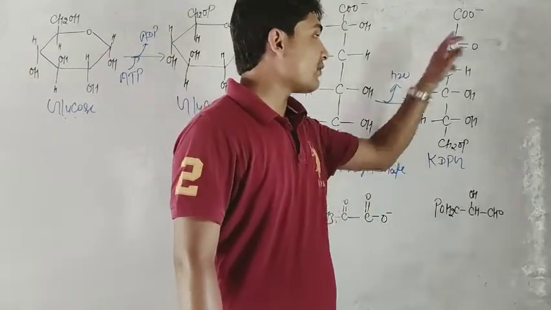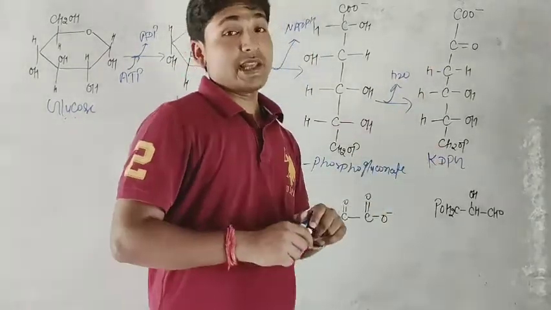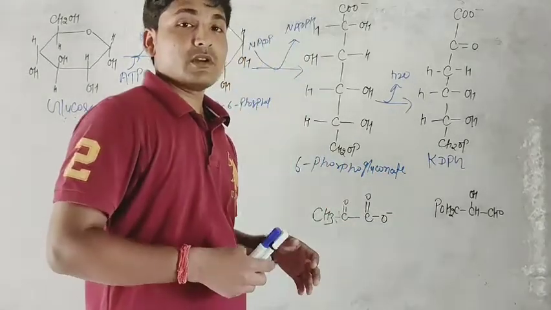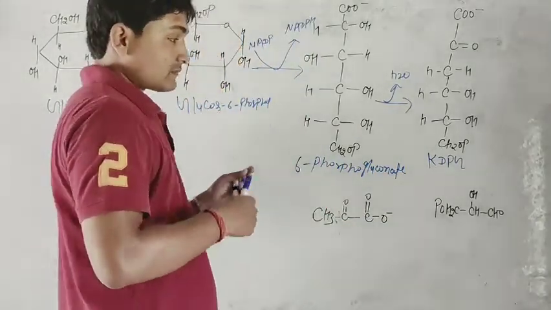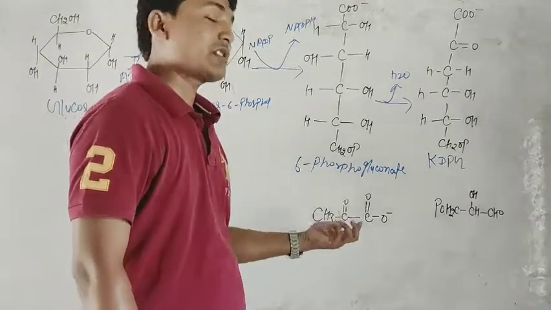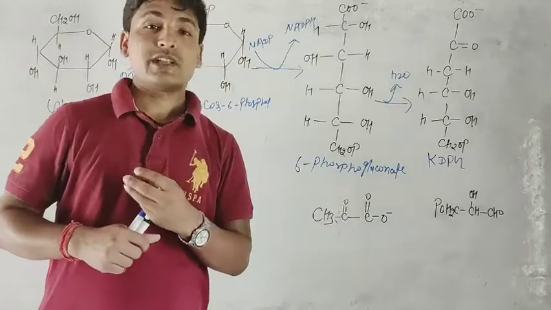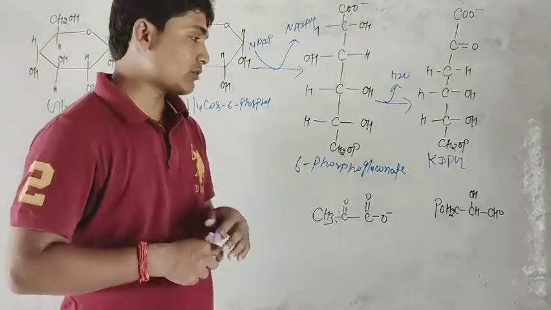Finally the KDPG molecule is formed, and the KDPG molecule is broken into 2 molecules: first one pyruvate molecule and second a glyceraldehyde 3-phosphate molecule.